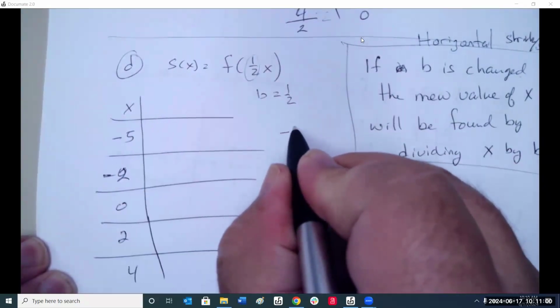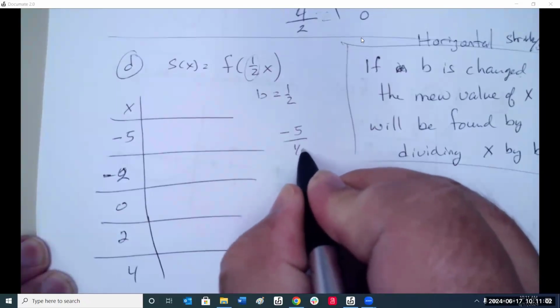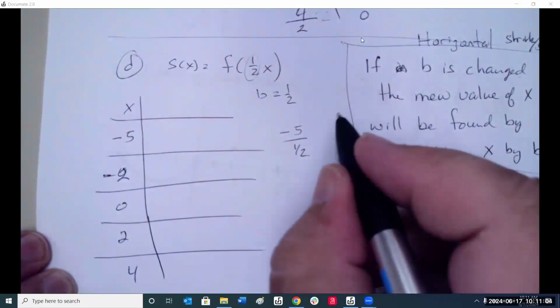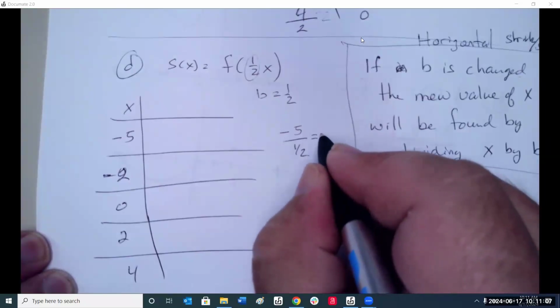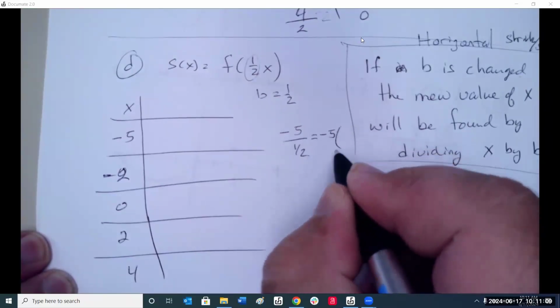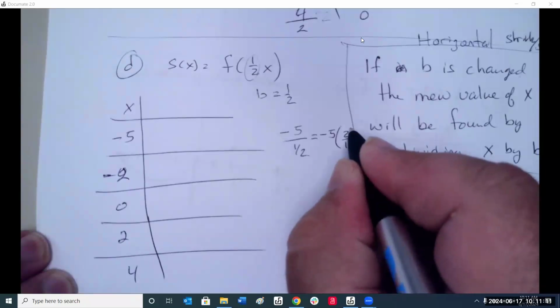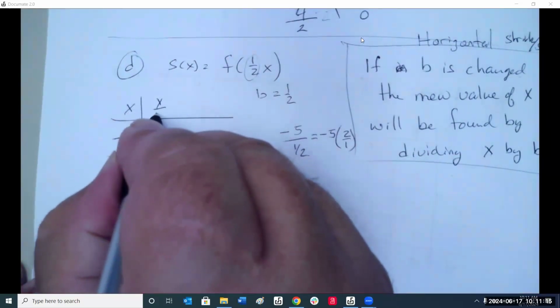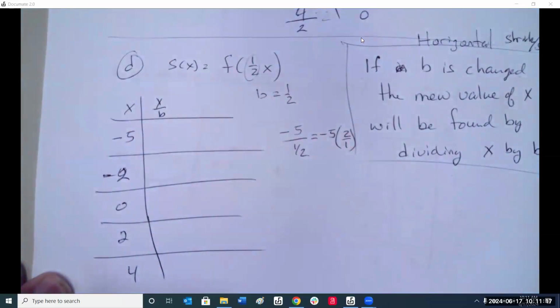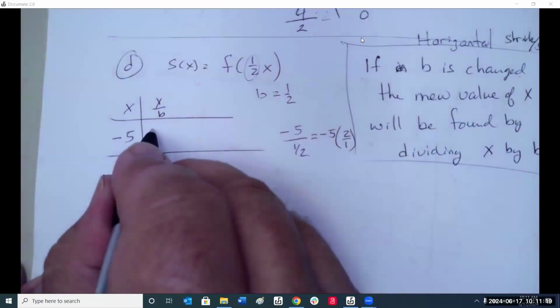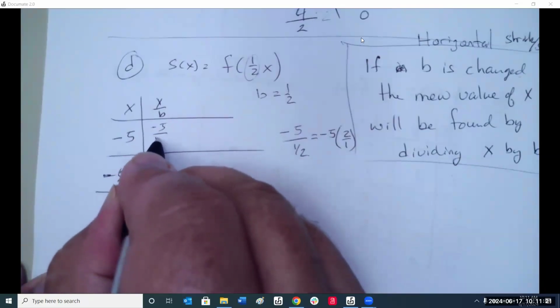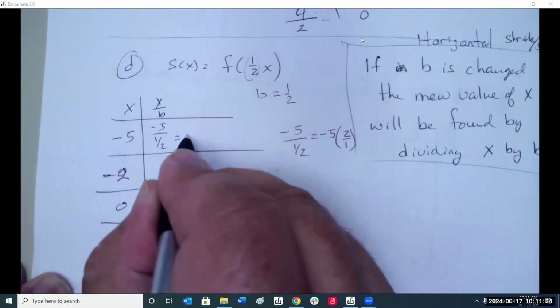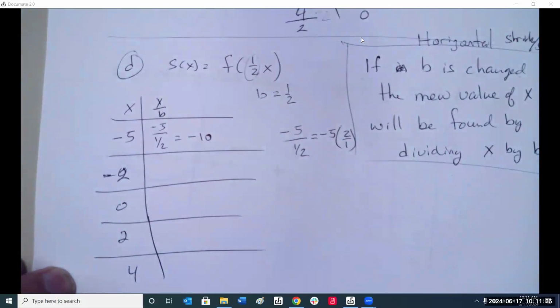So if I take -5 and divide it by 1/2, I take the top number, leave it alone, multiply it by the flip of the bottom. Then x divided by b would be -5 divided by 1/2 makes it -10.